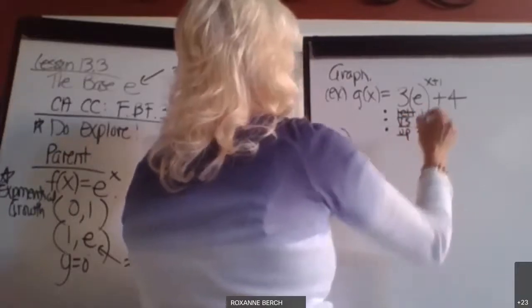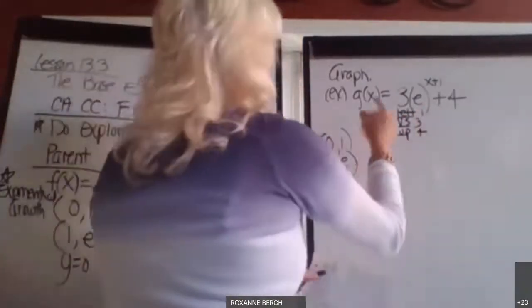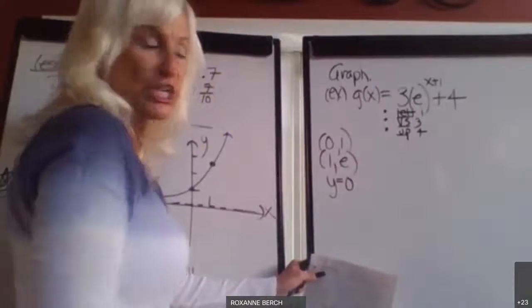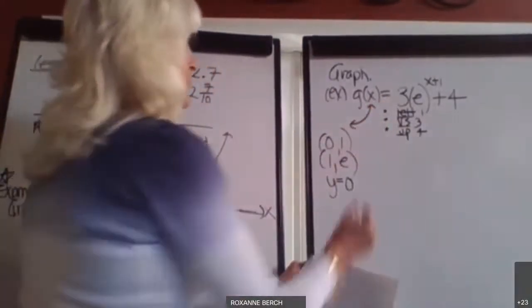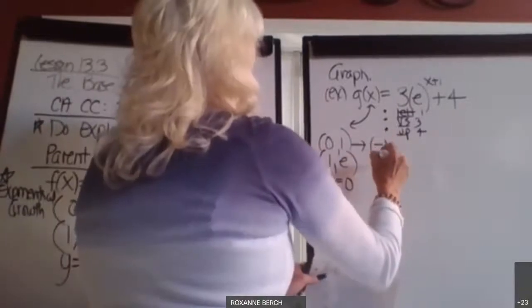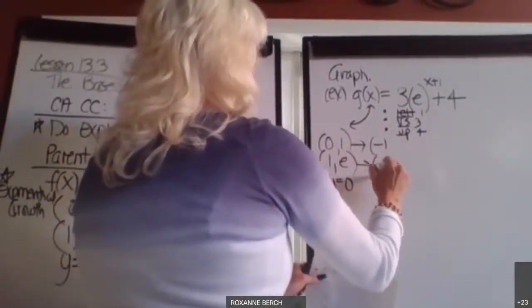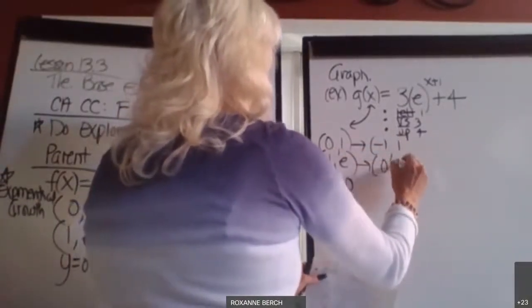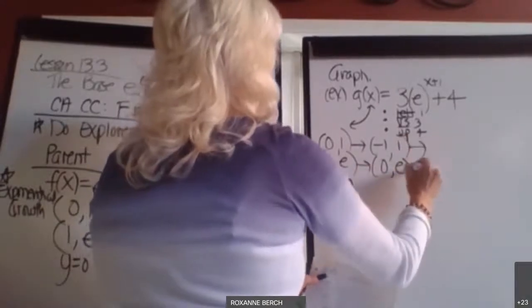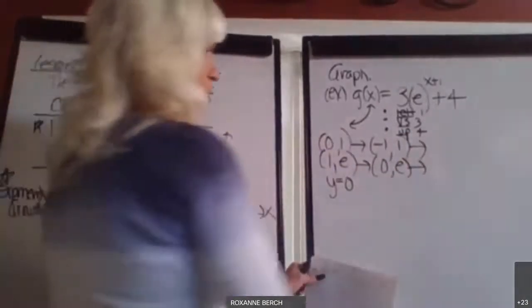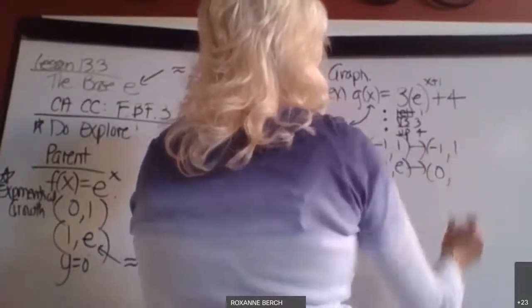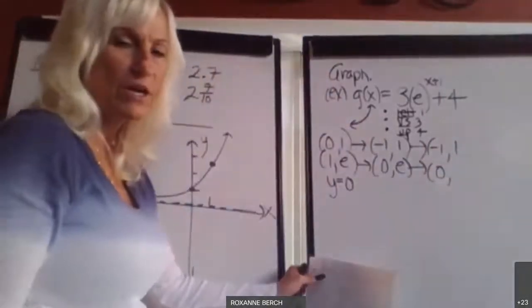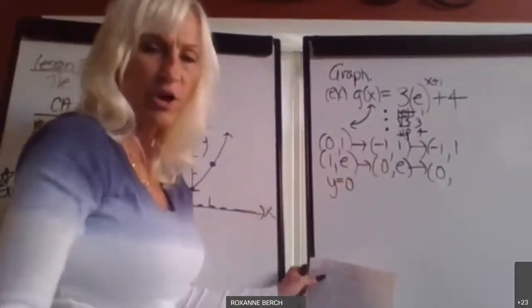Good. All right, so there's no reflection. So this guy is just going to look like regular exponential growth. Left 1 would be -1, left 1 would be 0, and the y stays the same. Vertical stretch by 3 means the y value changes. So now you use your calculator. You have an E number on your calculator.